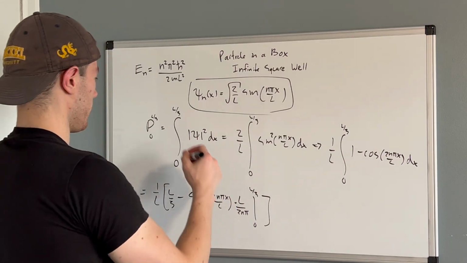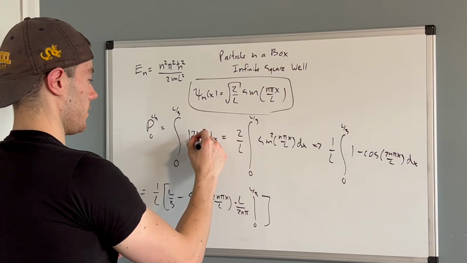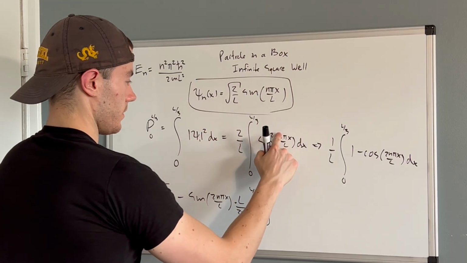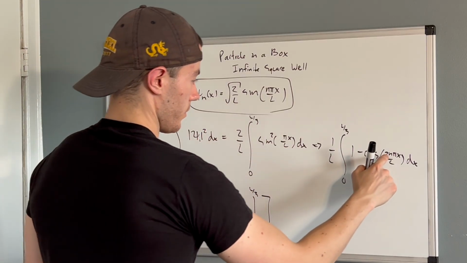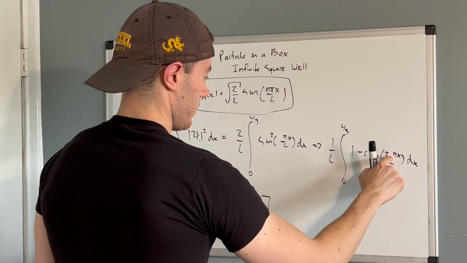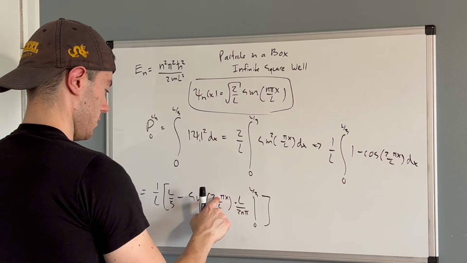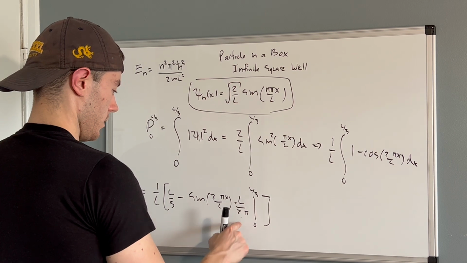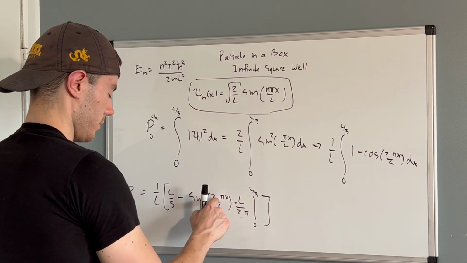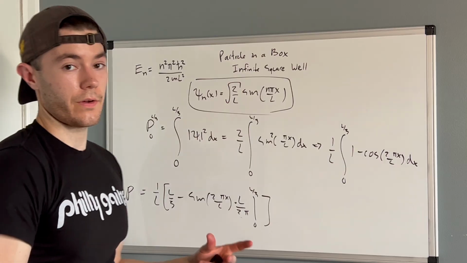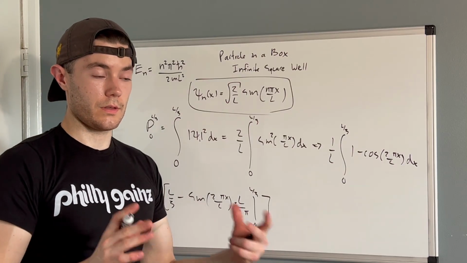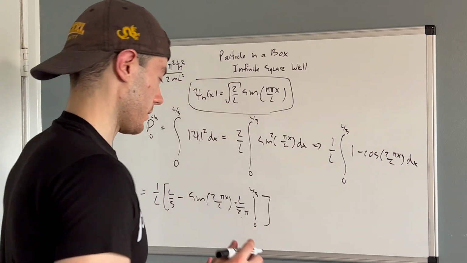We've got to pick a state. So let's say it's the ground state. So that means that n is 1 everywhere. So we're interested in the ground state. What's the probability of finding the particle in the ground state in the leftmost third of the box?